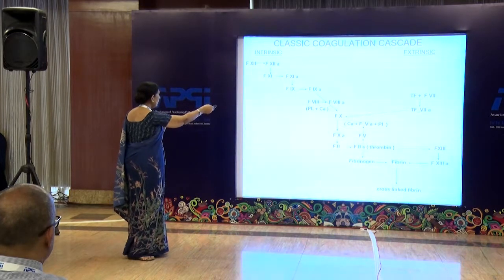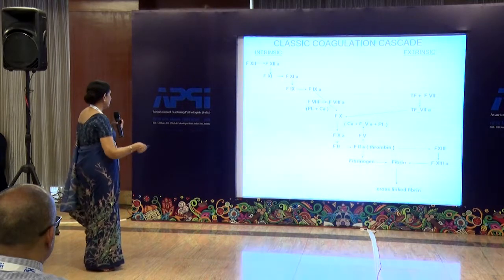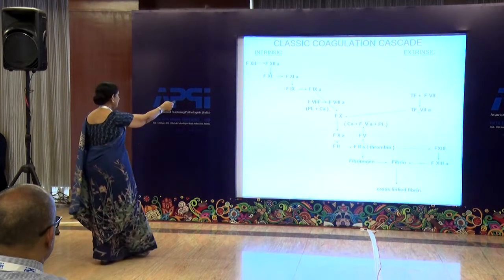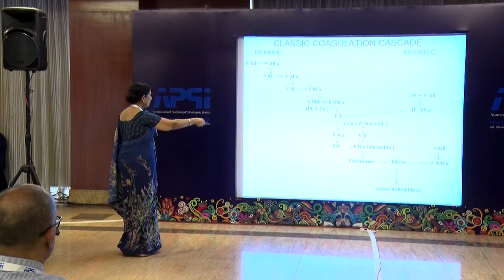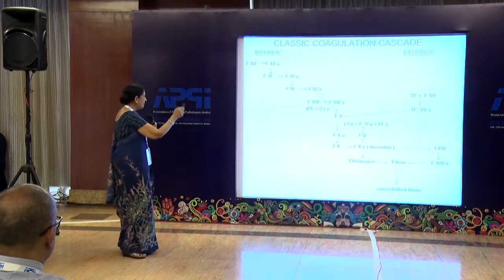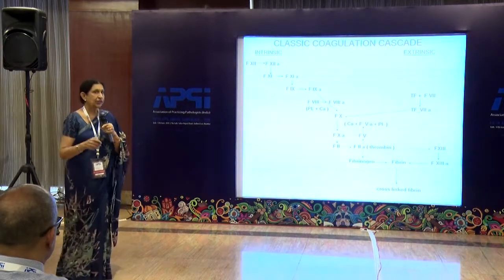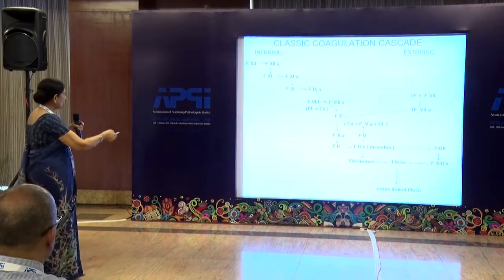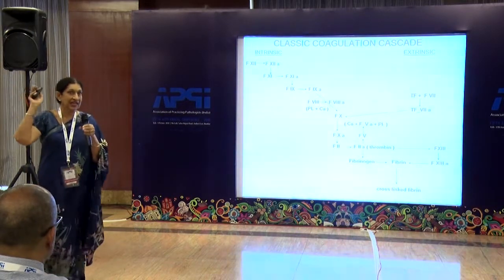But in between, not to forget, factor 5, which with the help of platelets and calcium is activating factor 10. Prothrombin to thrombin, fibrinogen to fibrin, and then the fibrin stabilizing factor, which is factor 13. So that is your complete classic coagulation cascade.